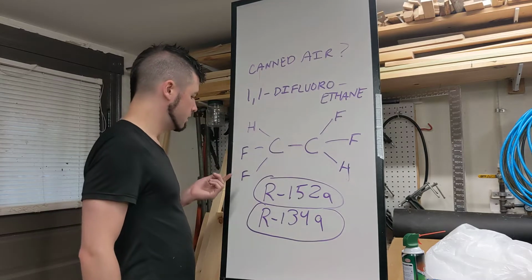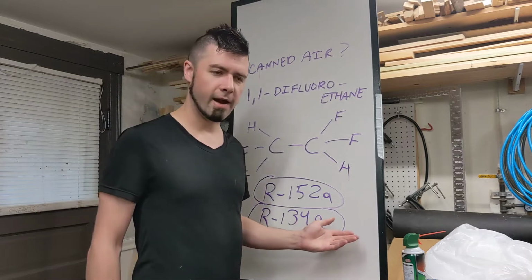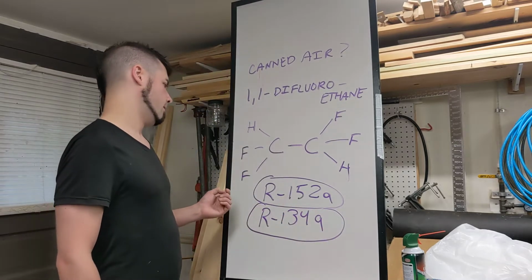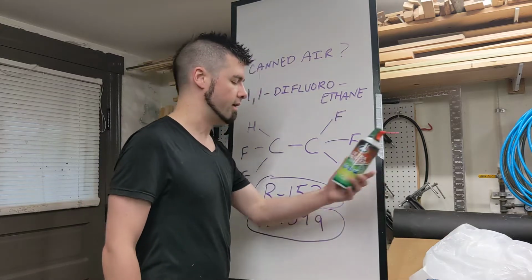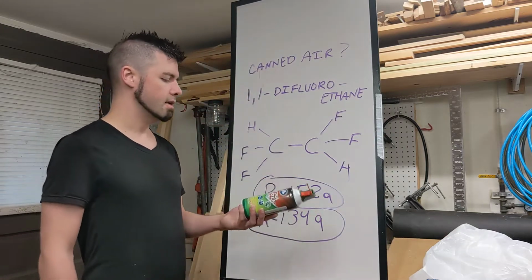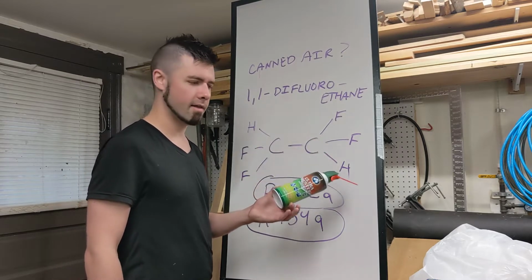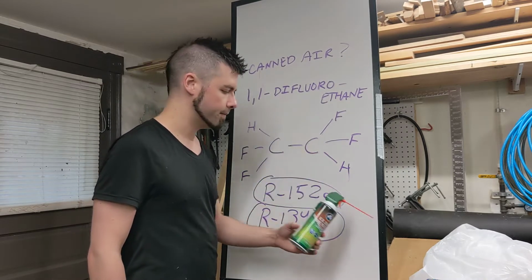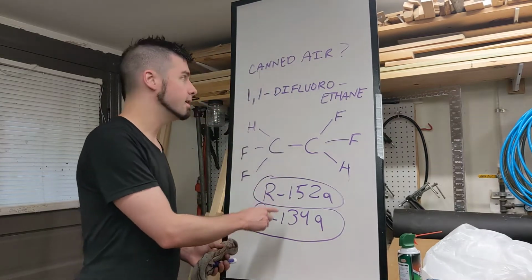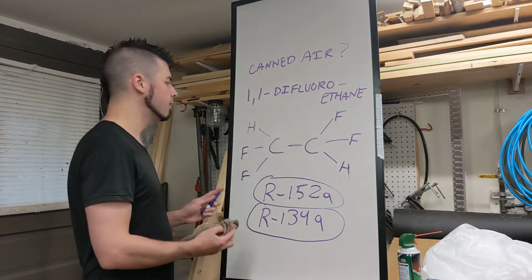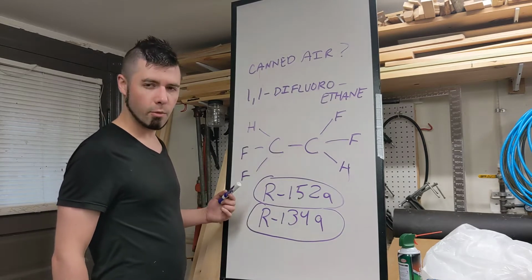So, what else is so special about these gases versus air? Probably, actually, the big reason why they use this stuff is because you can't stuff enough air into a can like this to make it effective. So the difference between these two gases and regular air is that these can be liquefied under pretty reasonable pressures.